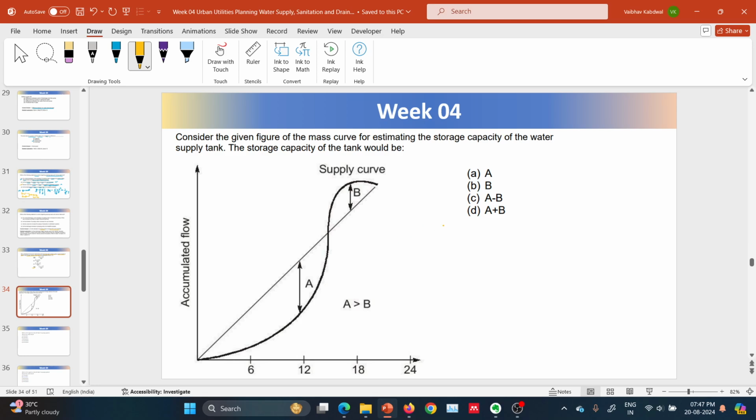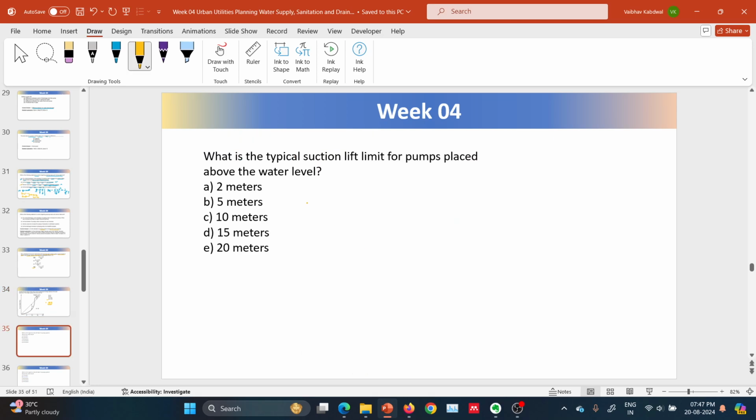So the answer would be A plus B. That we will understand after some time. What is the typical suction lift limit for pumps placed above water level? This is 5 meter.